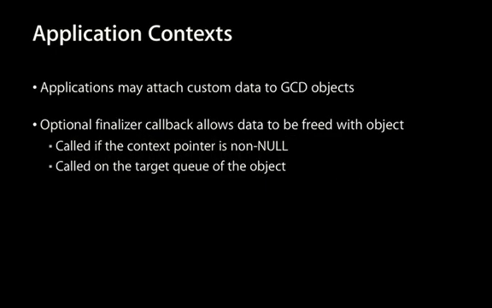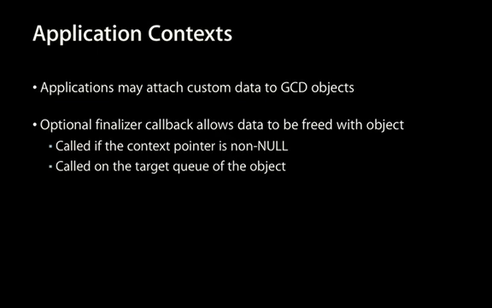So another universal property of all dispatch objects is that of application contexts. We wanted to make it very easy to use GCD in all of your applications, and so we've also made it easy to associate any arbitrary data you want with a GCD object. Any context data is just a void pointer from our perspective.